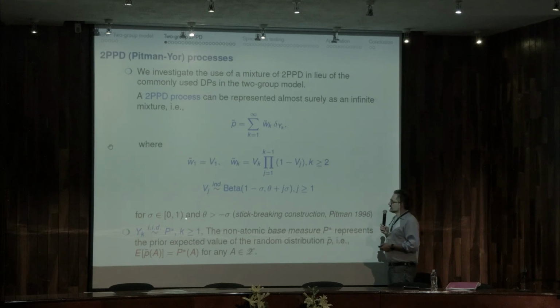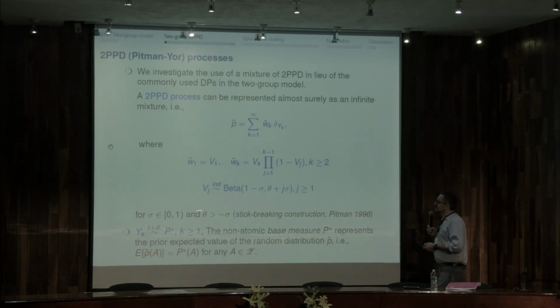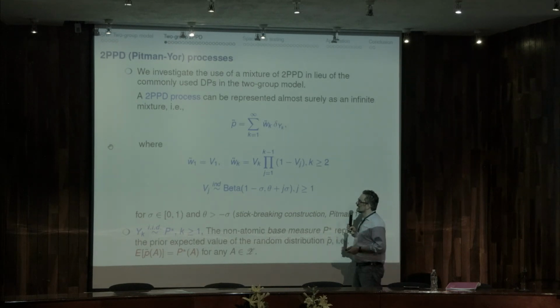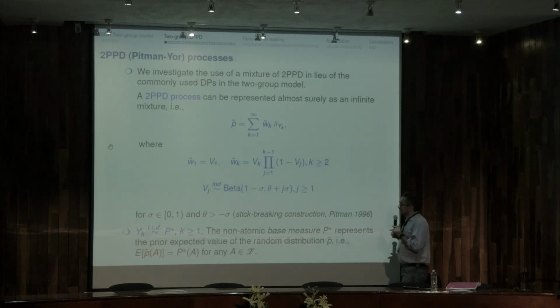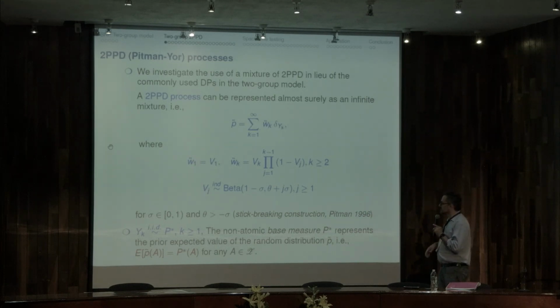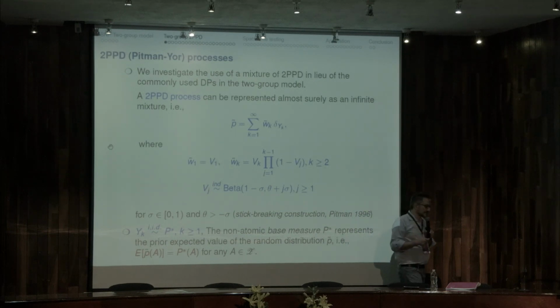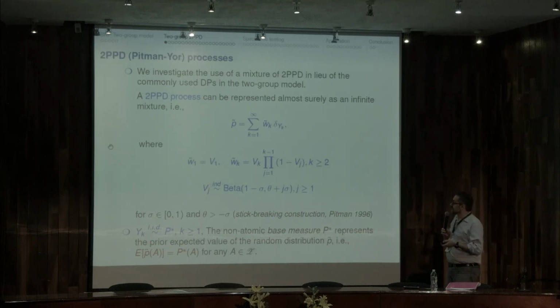Sigma has to be between 0 and 1, so it is bounded in the values it can achieve, and we will discuss these values a bit, and theta has to be greater than minus sigma. The random probability measure has atoms Y_k, which are assumed to be IID from a base distribution, P star, which can be seen as representing the expected value or centering distribution of the random distribution P tilde.